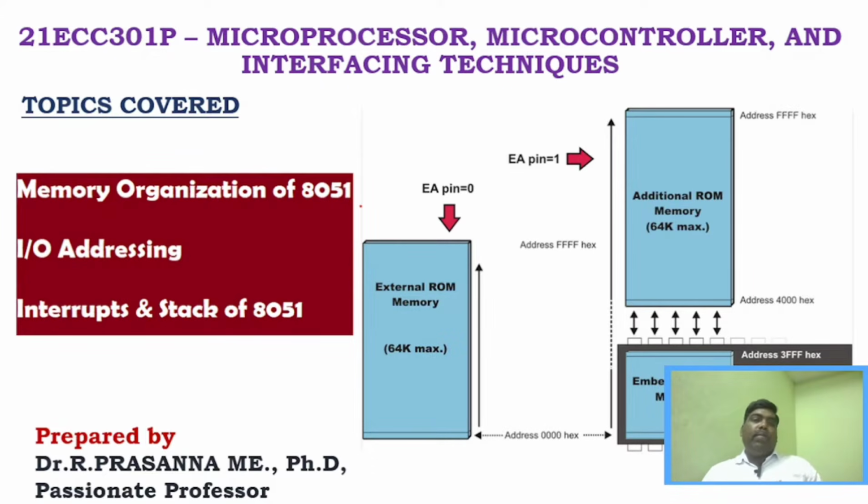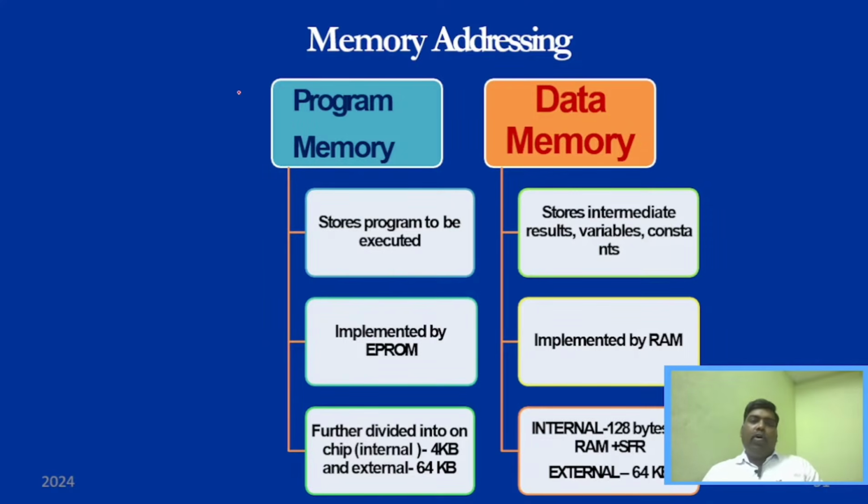So we'll start with memory organization of 8051. Before going through program memory and data memory, everyone knows about ROM and RAM, read-only memory and random access memory, right? In 8051, we have internal ROM of 4 KB, and the internal RAM of 128 bytes.